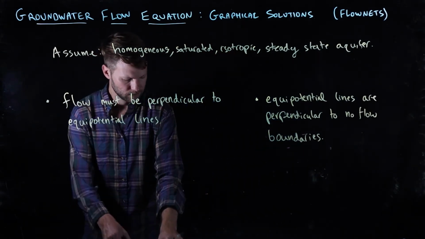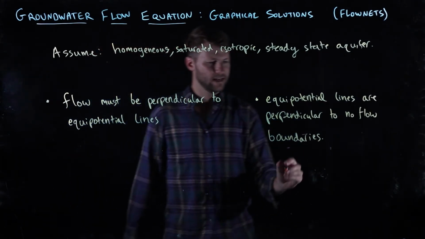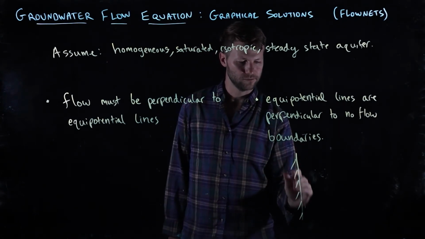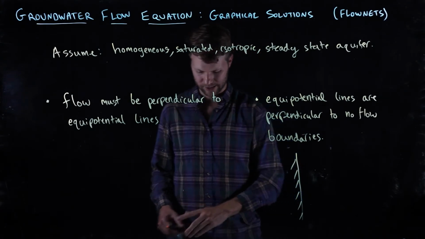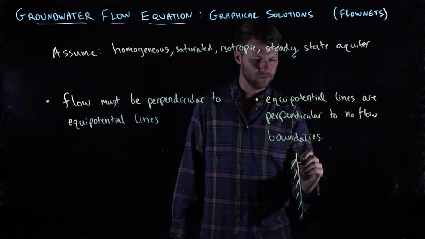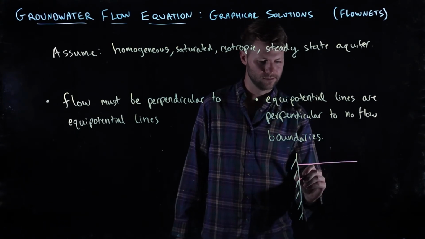So, in this case here, let's say that I had a no flow boundary. This was just a totally impermeable boundary here, denoted with these dashed lines. The equipotential lines must be perpendicular to it.